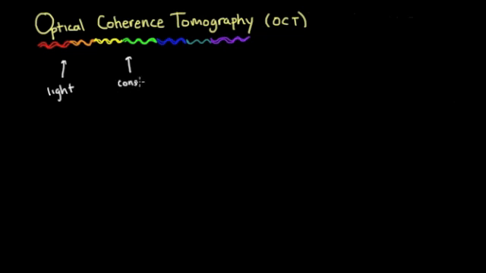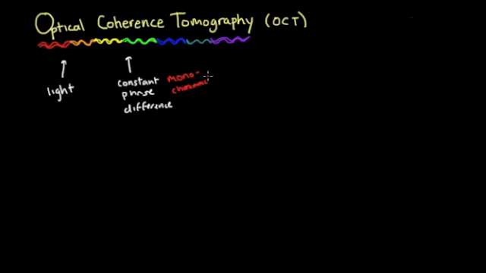So I'm going to write down constant phase difference. And this is sort of analogous to monochromatic light. So I'll write that down too. Monochromatic. Mono means one.